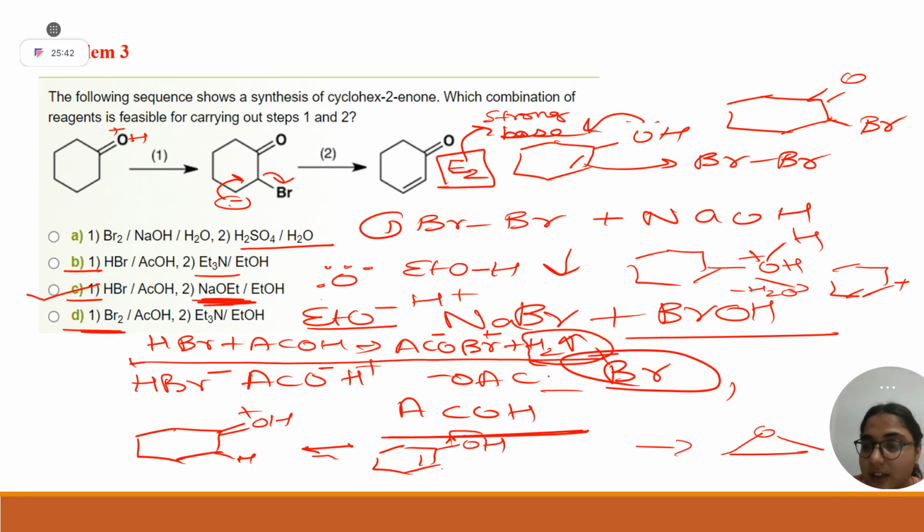Do you have any other option? Because I can only think of this option. If it takes here from H minus and here from H plus, it will be H2, and removal of gas is an entropically favored reaction. You will get this ACO minus Br plus. Then only we can write this product.